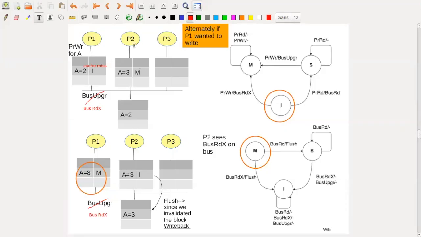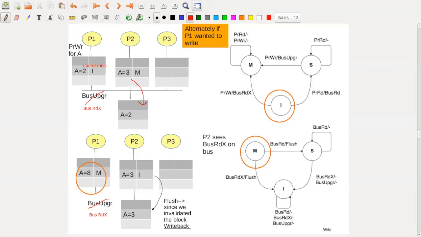Now what is happening with P2 is that it is in the modified state. So it's in the M state here, and it sees a bus read X. Remember that P2 has this block in modified state, which means this was the latest value of the memory. And that needs to be written back to memory to allow precise exceptions.